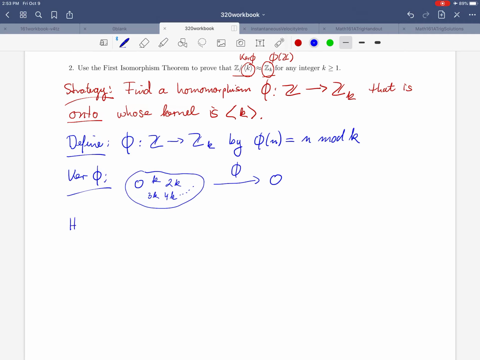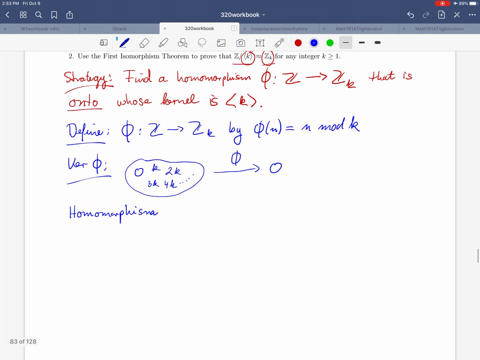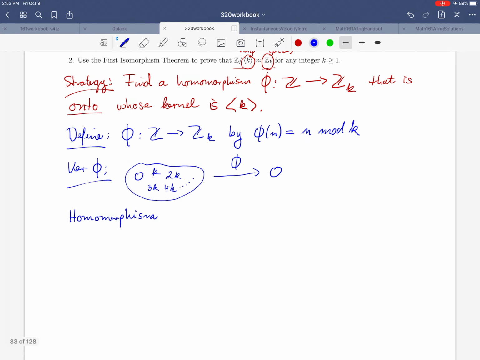So we have to show that phi is a homomorphism, we have to show that it's onto, and we have to show that the kernel is equal to what we want, the cyclic group generated by K.